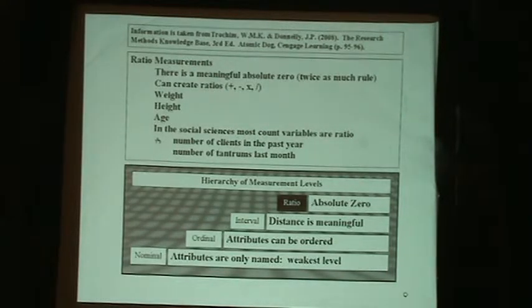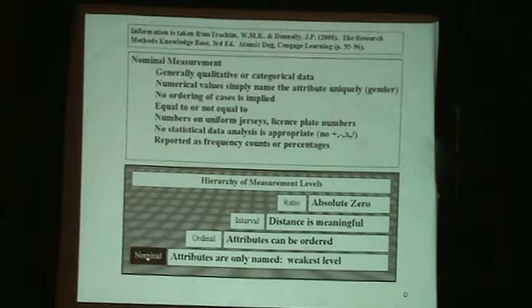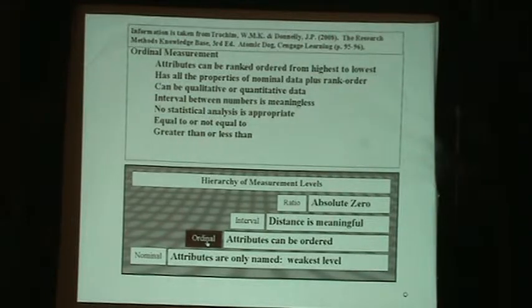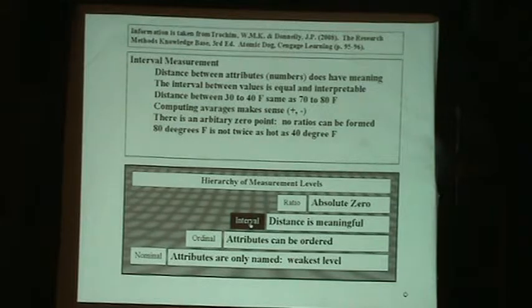Okay, again, just to review, nominal data, the lowest form, it just names things. It puts things in categories. Ordinal data, it rank orders things from highest to lowest or lowest to highest, but there is no appropriate statistical data analysis that can be used. Interval data, there is a meaningful distance between numbers.